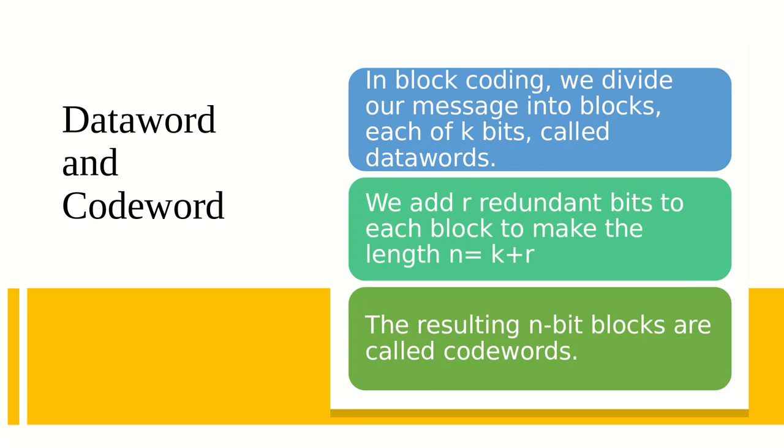In block coding, we divide our message into blocks, each of k bits, called data words. We add r redundant bits to each block to make the length n equal to k plus r. The resulting n-bit blocks are called code words.